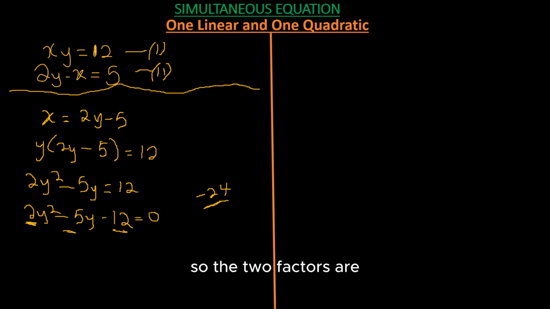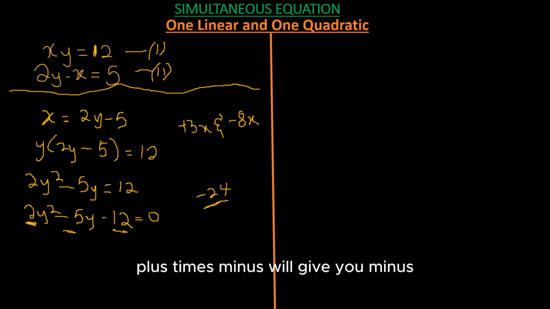So the two factors are positive 3 and negative 8. So plus times minus will give you minus, 3 times 8 will give you 24, then plus 3 minus 8 will give you minus 5. I used x, it can be y.